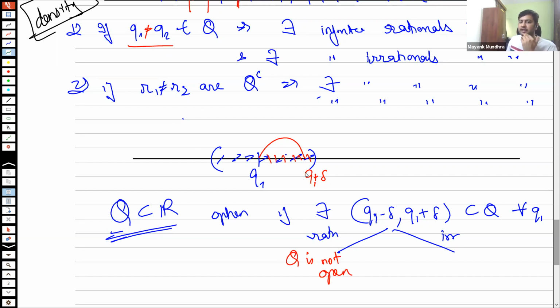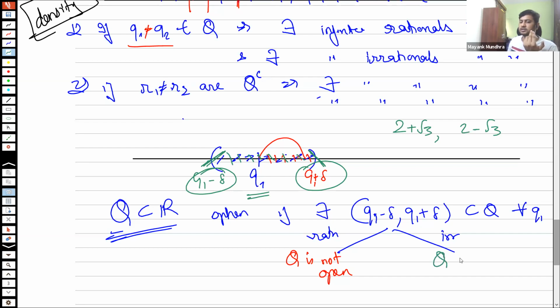And if delta were irrational, then Q1 plus delta and Q1 minus delta both become irrational, because, you see, 2 plus root 3 and 2 minus root 3 are both irrational numbers. So even if Q1 was rational, Q1 plus delta and Q1 minus delta become irrationals. Between these two irrational numbers, you get infinite irrationals.